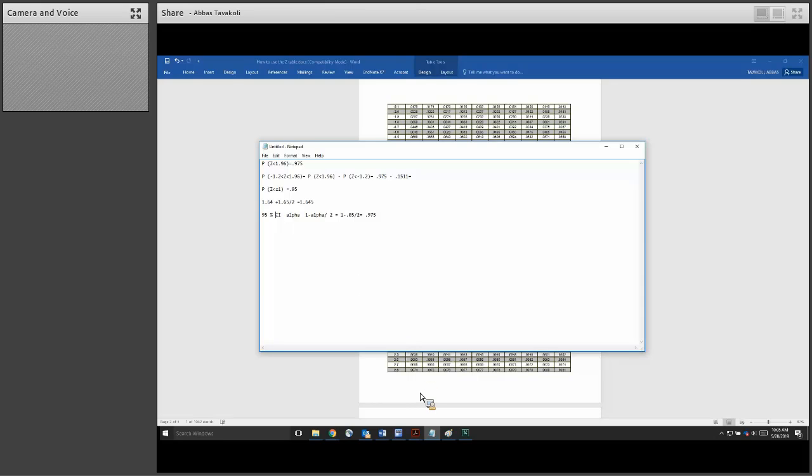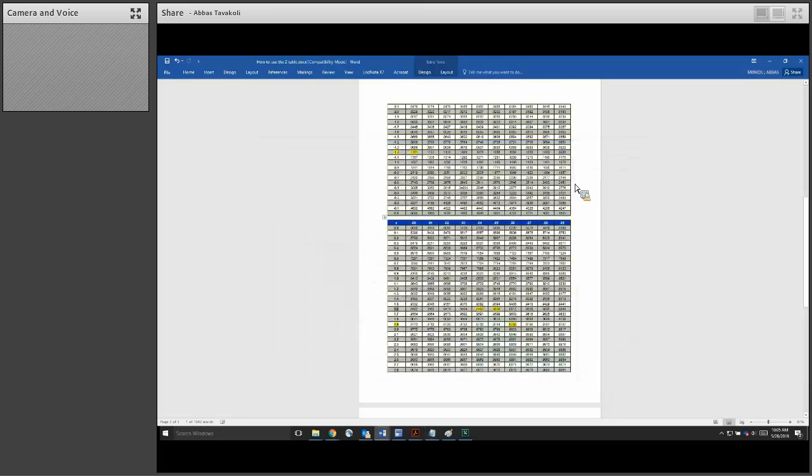That means you want to find the z value, which we already did here, 1.645. You use that for your confidence interval and hypothesis testing, depending on one side or two sides. Based on the alpha given, you can find the z value as the critical value and test it against your z statistic.